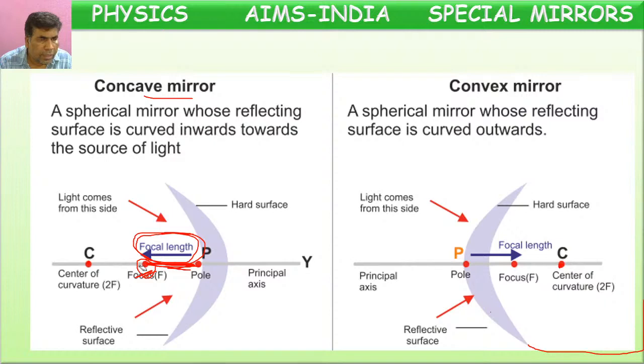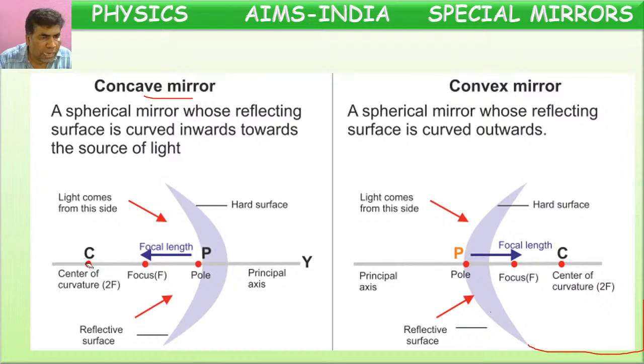Okay, children? Any doubt regarding this? This focal length will be half of the radius. The value of the focal length will always be half of the radius, because here focal length is denoted by the symbol f.